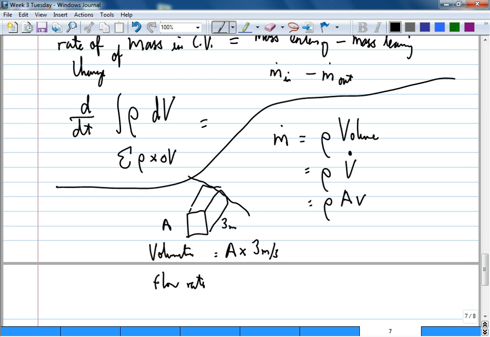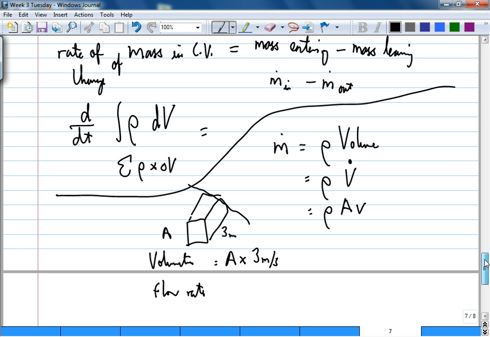That's why the volumetric flow rate is equal to the area times the velocity, because area times velocity is the length you move in 1 second. So this is m dot in minus m dot out.